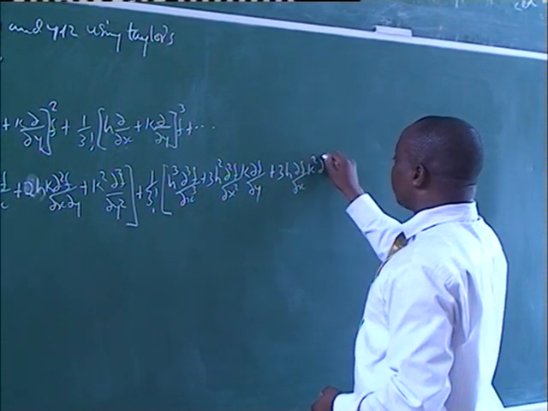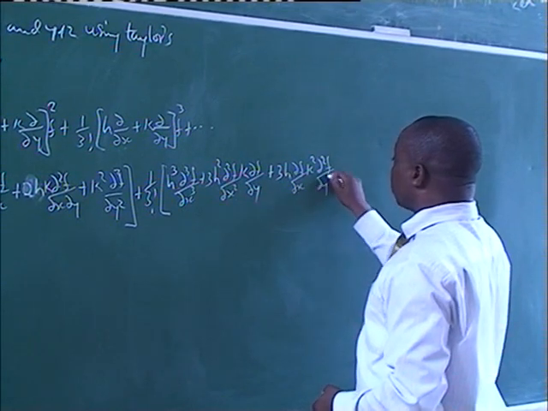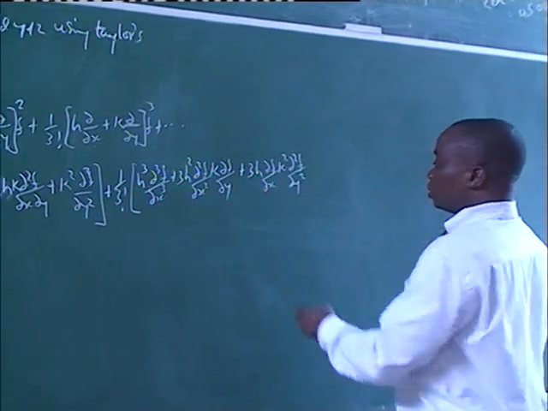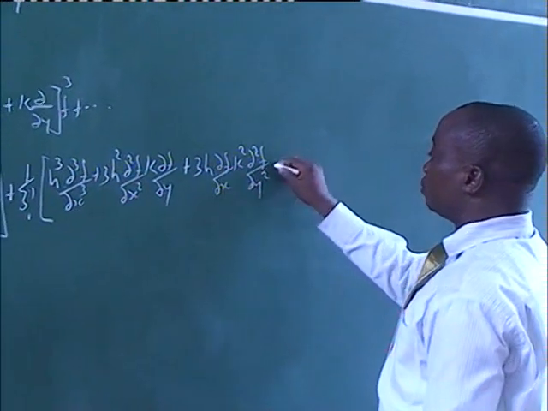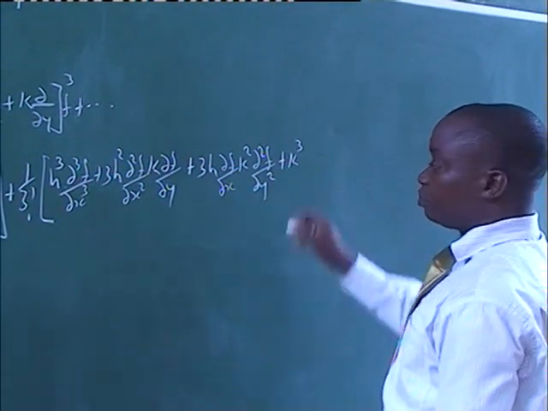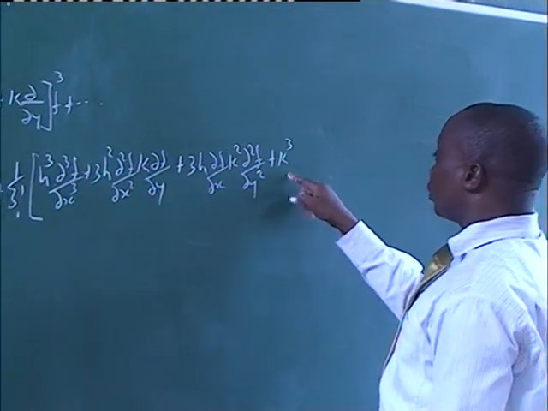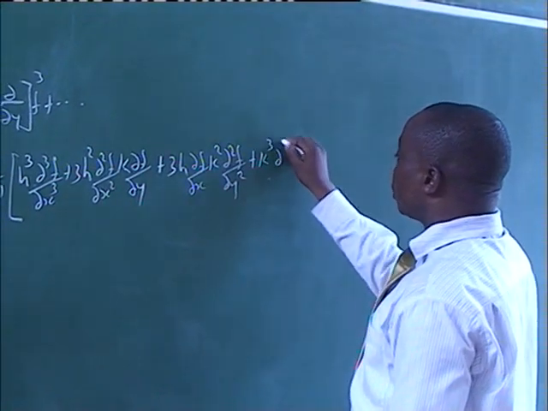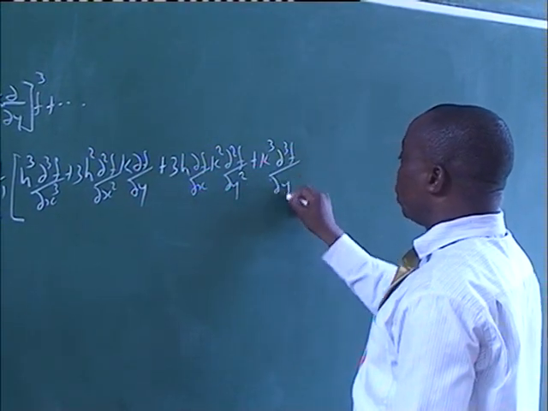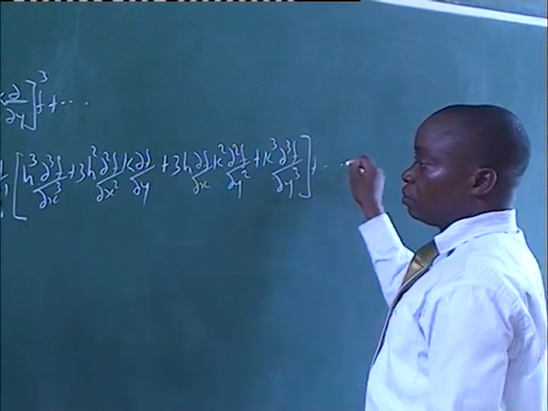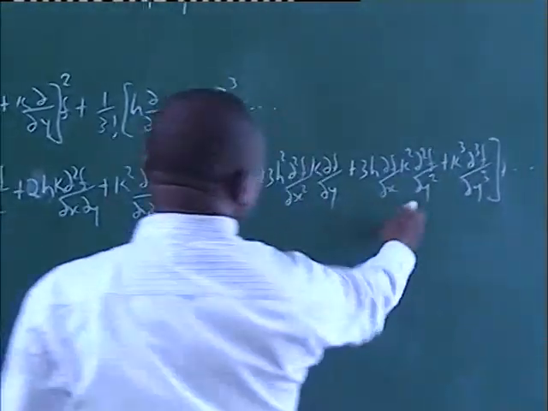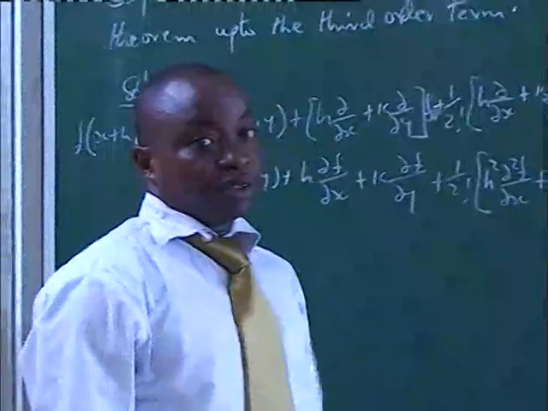And then we have partial square f partial y square, that's it. Then plus k cube, and then when you have k cube, you have partial cube f partial y cube. So that is the function by binomial theorem.